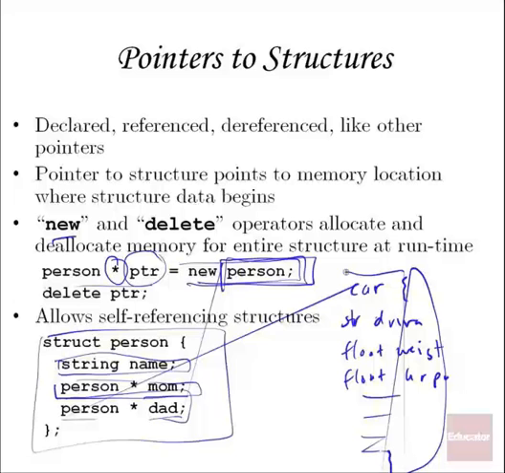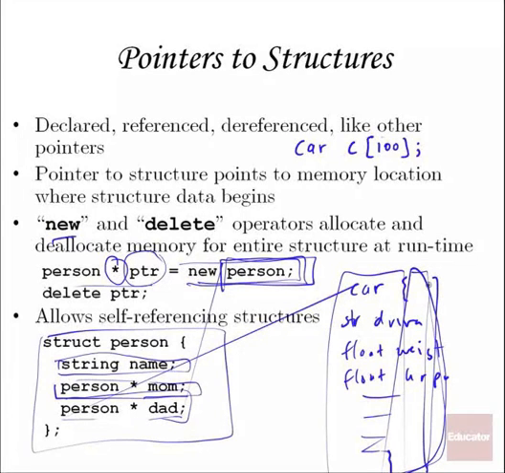All of that will be put together in continuous memory, and the compiler knows how large this is. So if you have an array of these, let's actually make it 100. So the compiler will take the size of this car structure, multiply by 100, and allocate enough memory to handle everything.